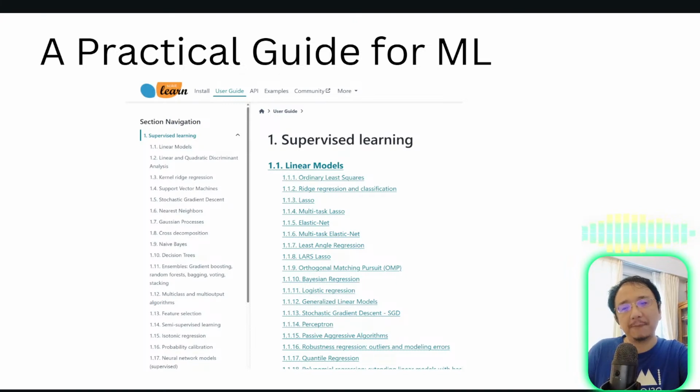However, the techniques in classical machine learning are still very important, and many times they are useful for you. One way to learn them quickly in a more practical way is to just read this user guide.